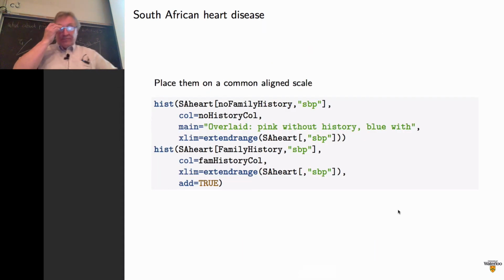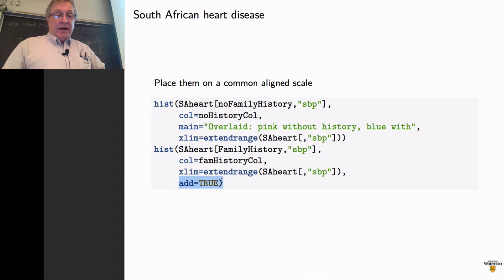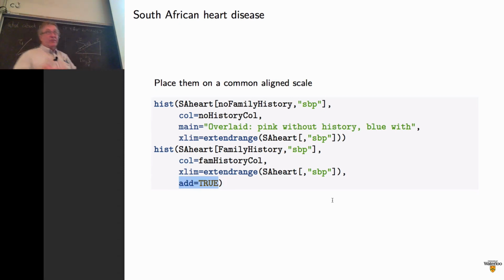So what might I also do? I have common aligned scales vertically and horizontally. I may just put them on top of each other. So you see that I draw one histogram, and then the other one, I add it to the existing histogram. And the colors I chose had alpha transparencies, so they should sum.